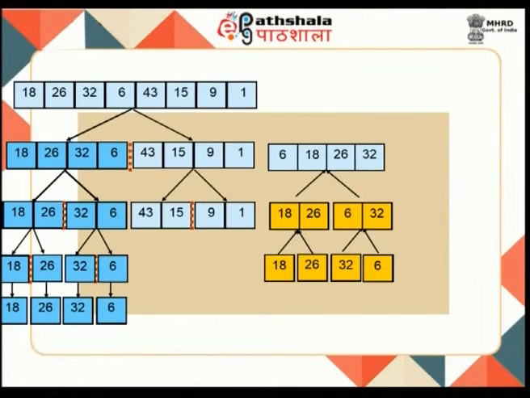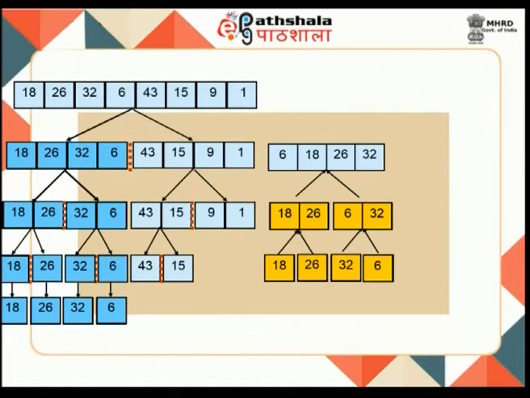I can repeat this for the right-hand side, or the right list. You can see the right array 43, 15, 9, 1 is divided into two sub-arrays, and I can divide this further.